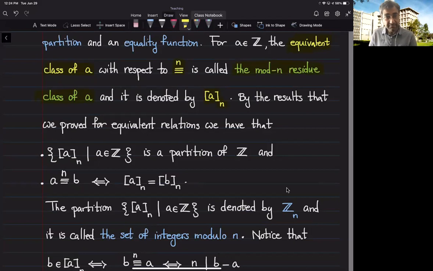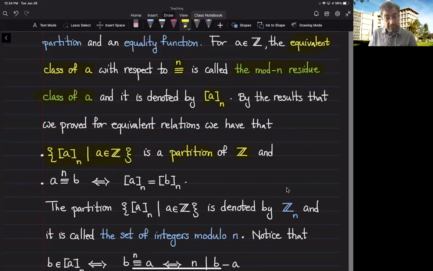We showed that given an equivalence relation, the equivalence classes form a partition of the given set. Therefore, the residue classes form a partition of the set of integers. So the set of all the residue classes is a partition of the set of integers.